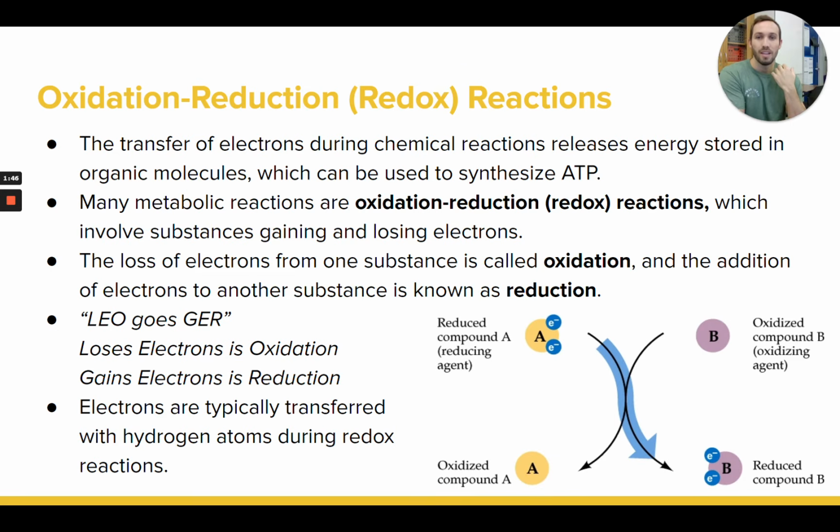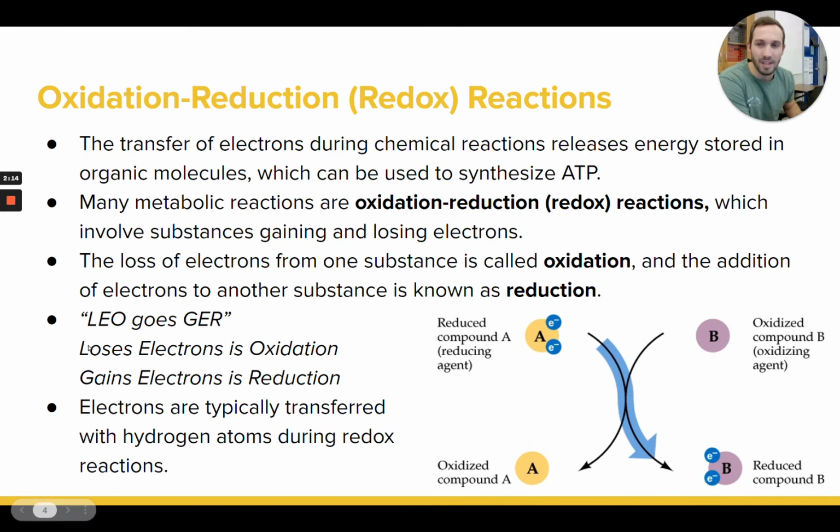The loss of electrons, we call that oxidation. So oxidation is a process that involves the losing of electrons. And reduction is when a molecule is gaining electrons. There's a way to remember the difference between the two.